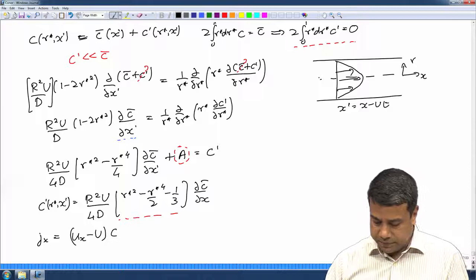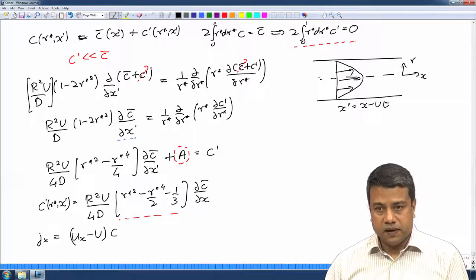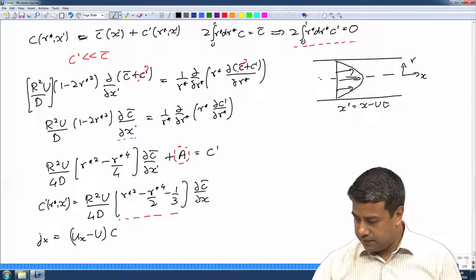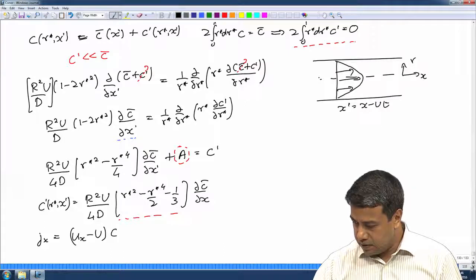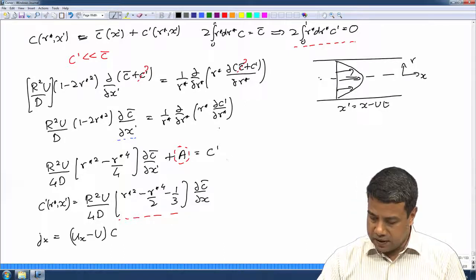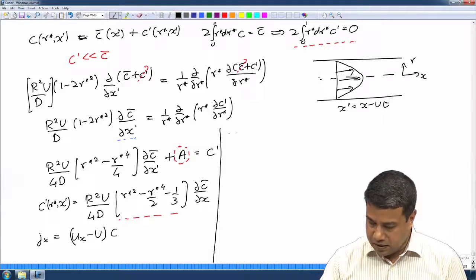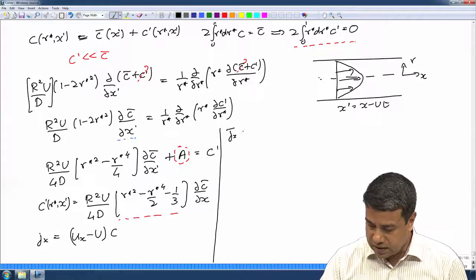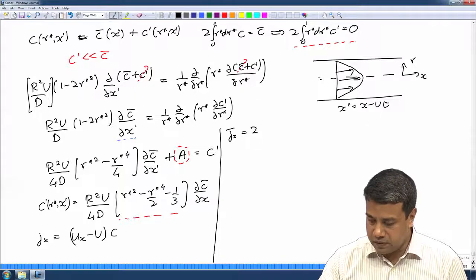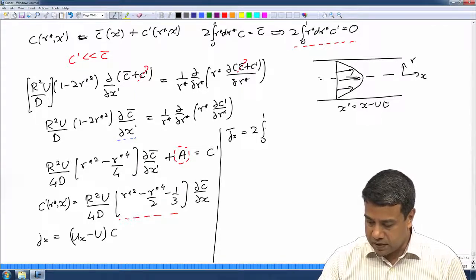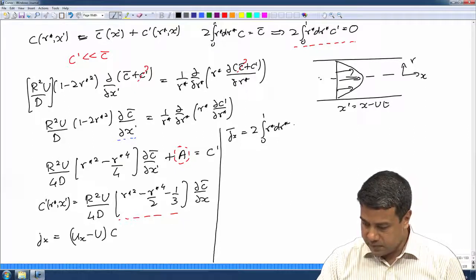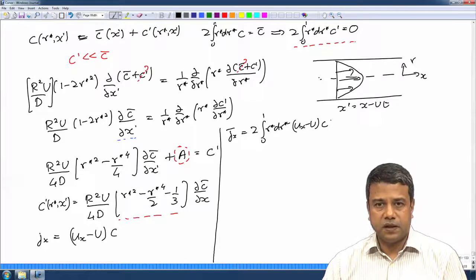Now, if I calculate the average of the flux across the cross section, the average flux Jx across the cross section is equal to 2 integral 0 to 1 r dr, times ux minus u into c. That is the average flux.